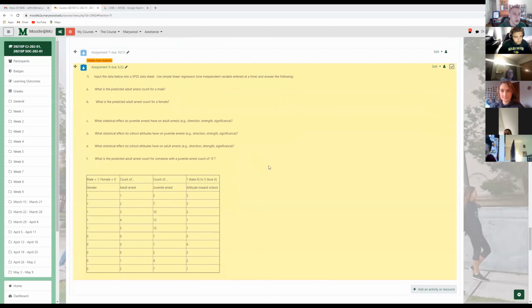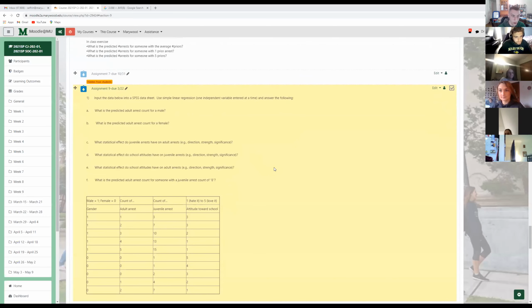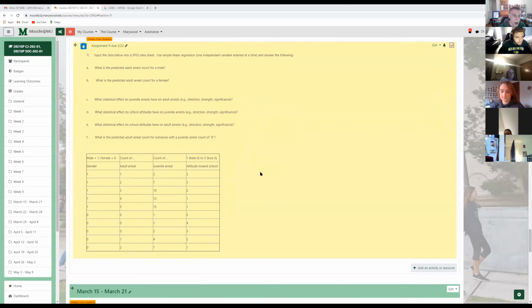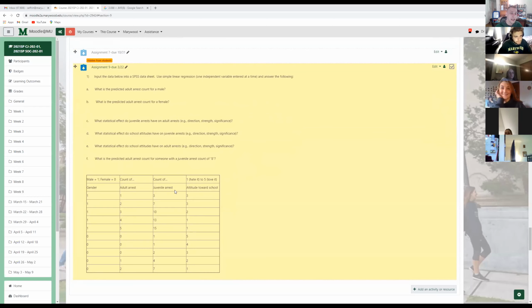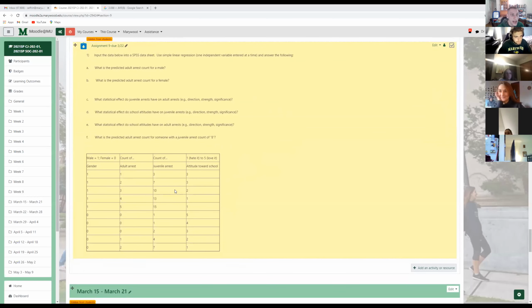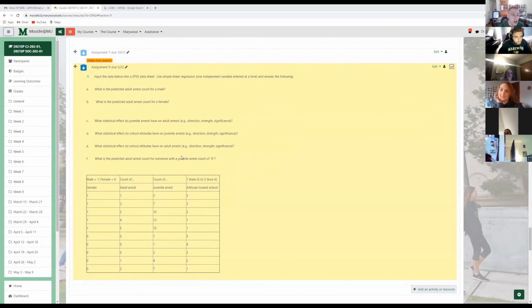Right. Okay, so this is the homework, and I've got down here a data set that you should be able to cut and paste directly from this and put right into a new SPSS data file, and then just answer these questions. Keep in mind that I'm asking you to do simple linear regression, so one independent variable entered at a time.